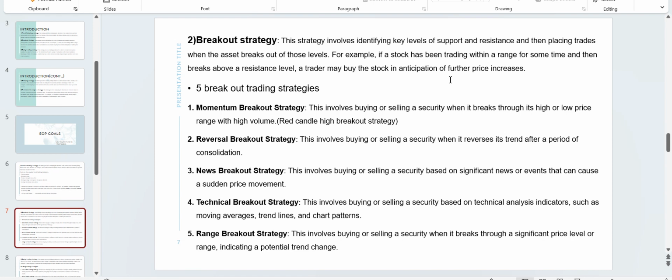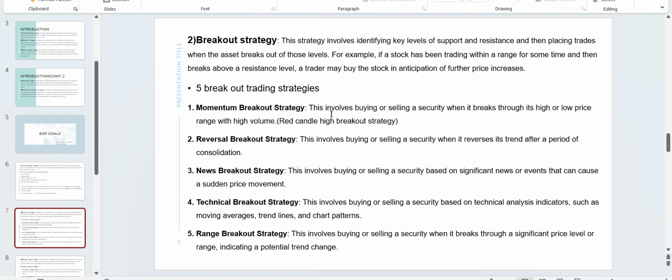I'm taking you to the charts to explain my way of breakout strategy, because there are lakhs and lakhs of traders out there, and every trader has a unique style to get money out of the market. This is my style of momentum breakout strategy.